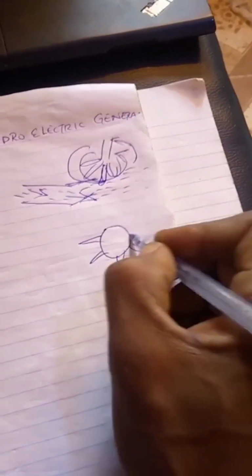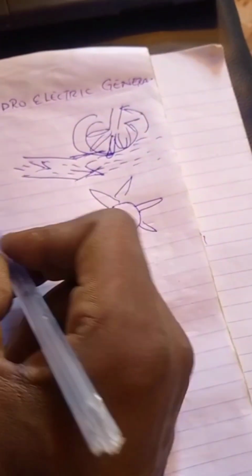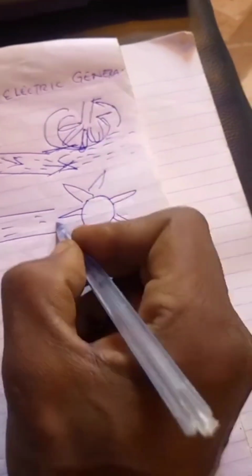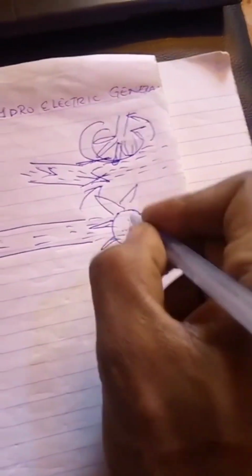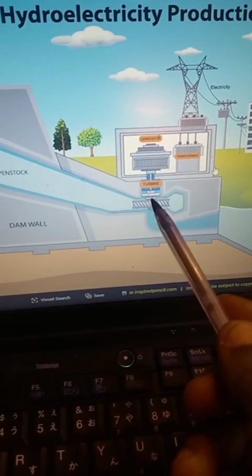If my turbine, let's assume that's a sketch of the turbine, is hit directly by this water, it will not have a distinctive direction. It will try to move like this or like this, which will break this turbine. So the position of the turbine should be considered.